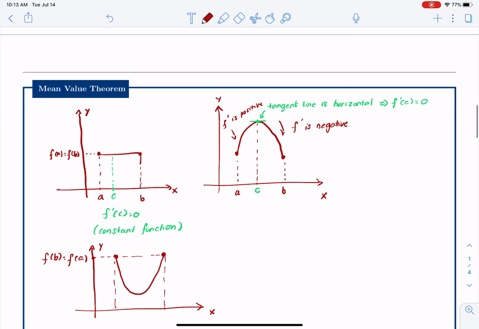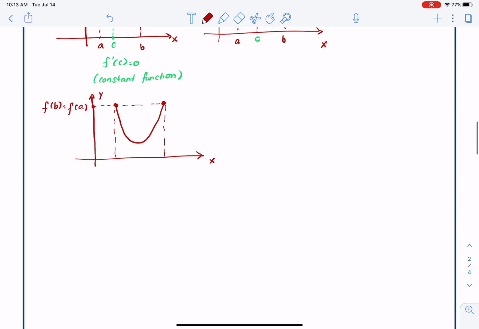The function is continuous, the function is differentiable, clearly it's a parabola, and there exists a point c right here where the derivative will be 0.